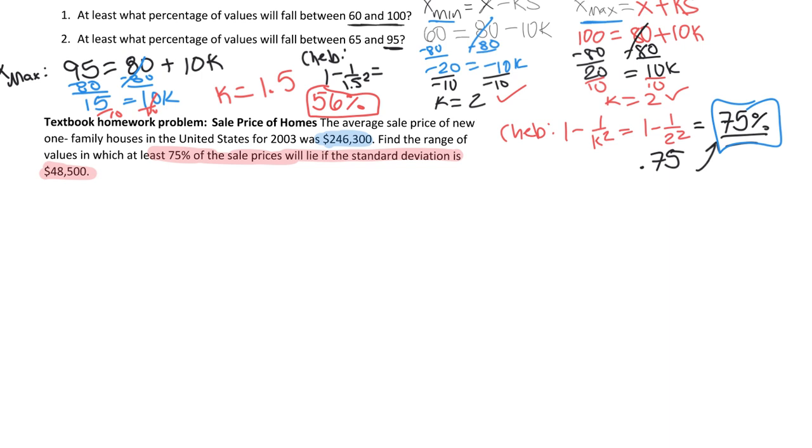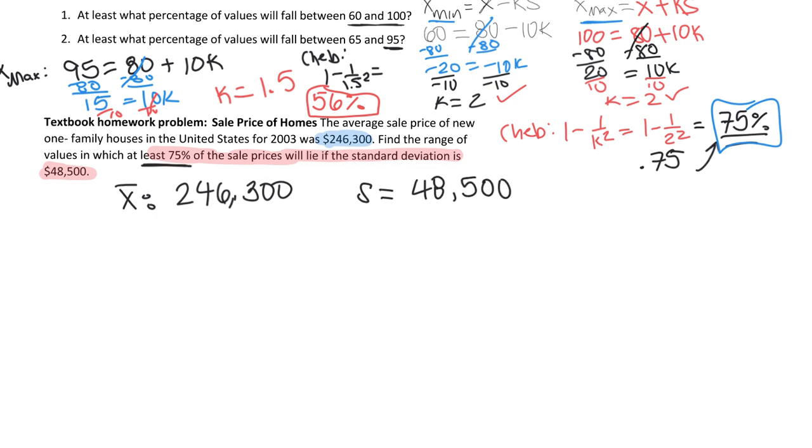All right, so we're going to use Chebyshev's formula to help us find the range of the values. Okay, so this is using the formula in a different way, and we are going to use the fact that the average is $246,300 and that the standard deviation is 48,500.